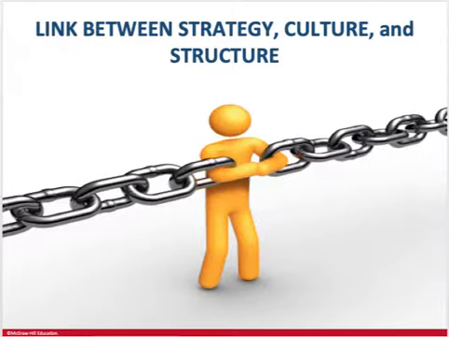The final factor considered in designing an organization and structure is the link between strategy, culture, and structure. All the organizational cultures and structures described in this chapter are used today because all of them have advantages that make them appropriate for some cases and disadvantages that make them not so useful for others.